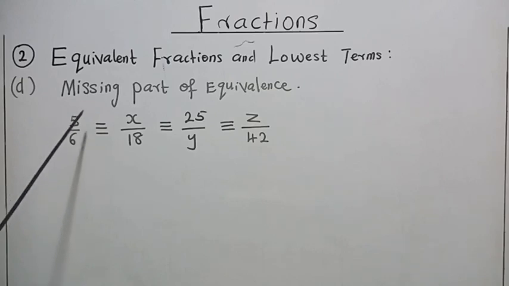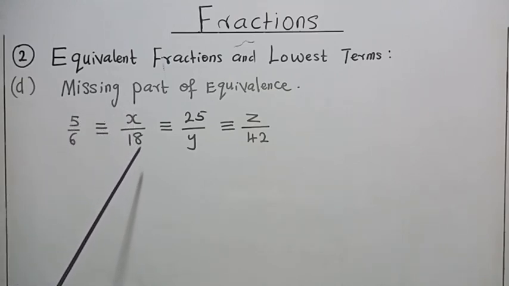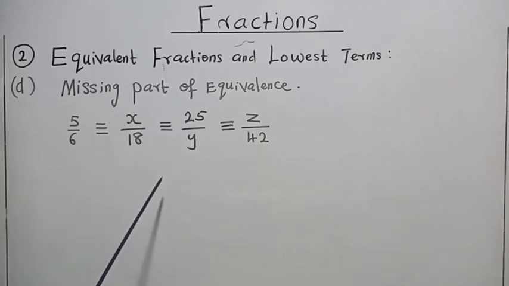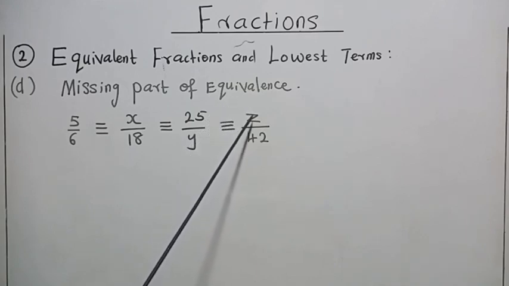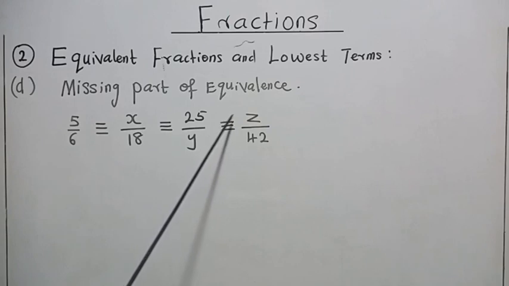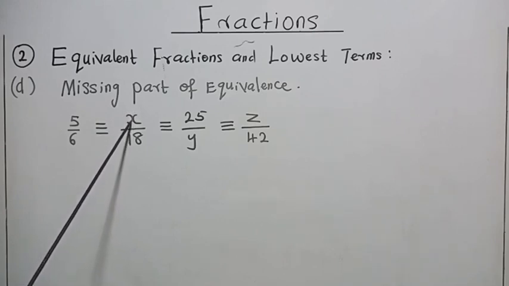5 over 6 is equivalent to x over 18, also equivalent to 25 over y, also equivalent to z over 42. In this statement, we have 3 unknowns. They are x, y, and z. In 2 cases, we have numerators missing. That's here and here. And in 1 case, we have a denominator missing.